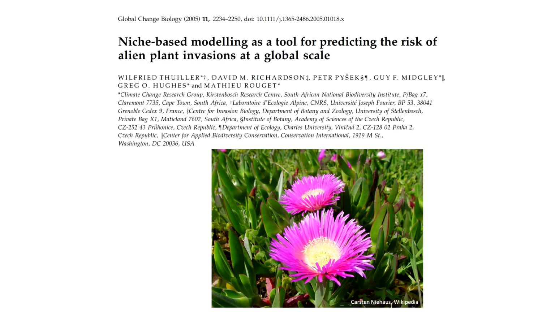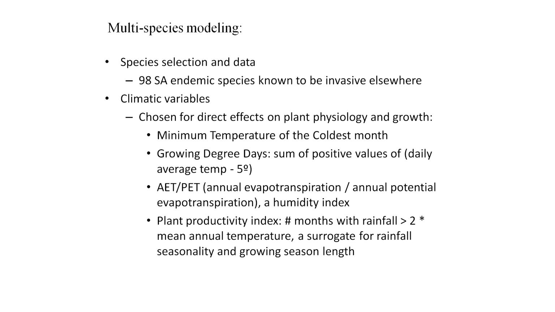What they did here was take plants that are native to South Africa, run ecological niche models and predict where the niches might be suitable elsewhere in the globe. So I'll talk you through that, trying to piece together the elements that we've talked through over the last couple of days.